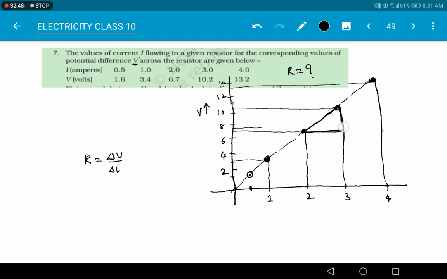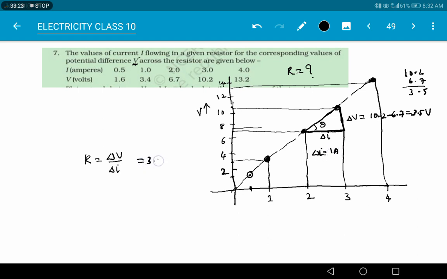I told you already that the slope of the VI graph gives resistance. R equals delta V by delta I. Delta V is 10.2 minus 6.7, which is 3.5 volt. Delta I is equal to 1 ampere.